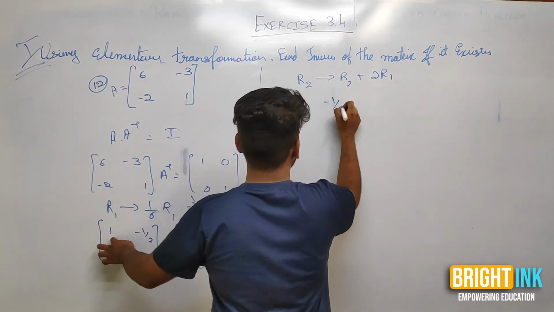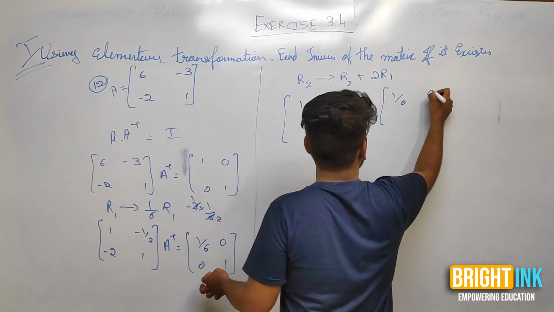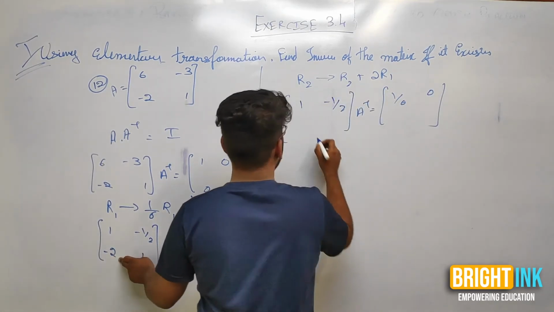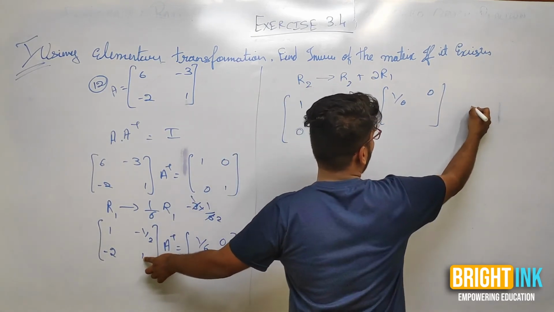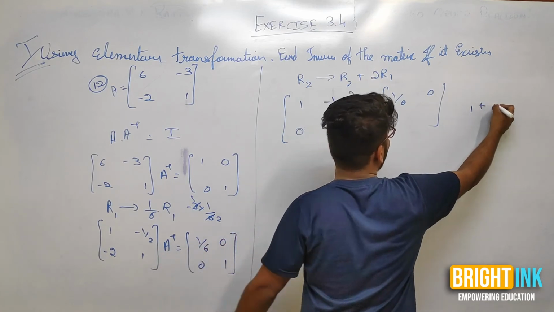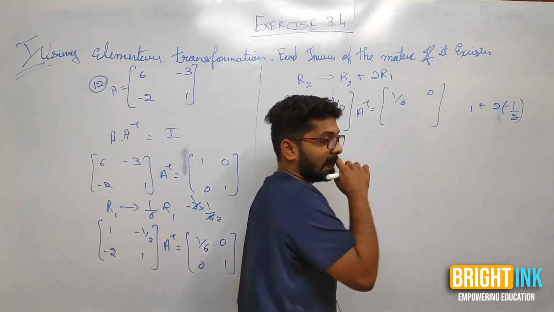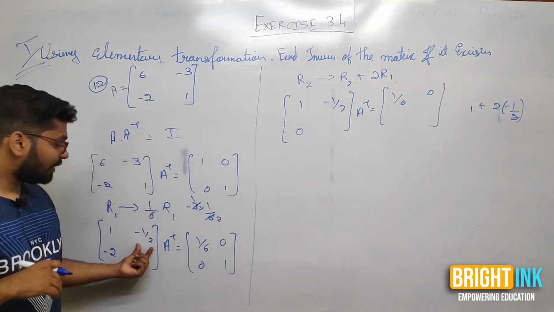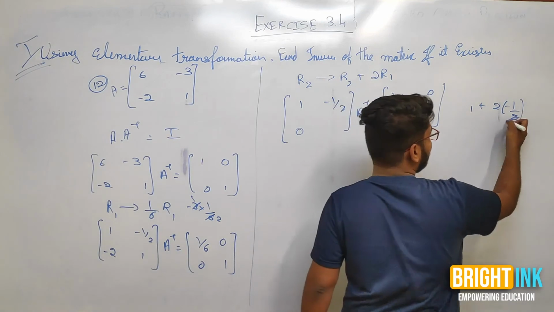So 1 minus 1 by 2, A inverse is equal to 1 by 6 0. Okay, so this becomes 0 basically. Now you see here, 1 plus 2 into minus 1 by 2. Clear? Why minus 1 by 2? Because in the row, this and this cancel.